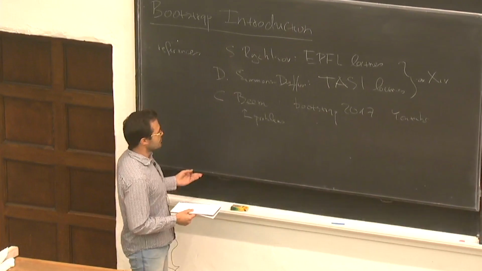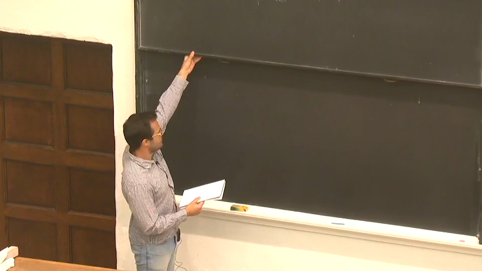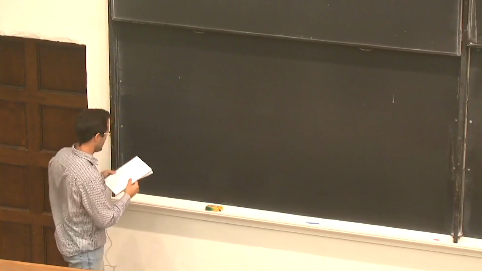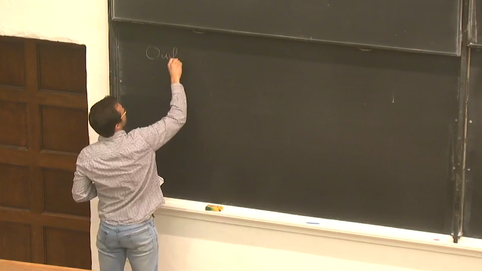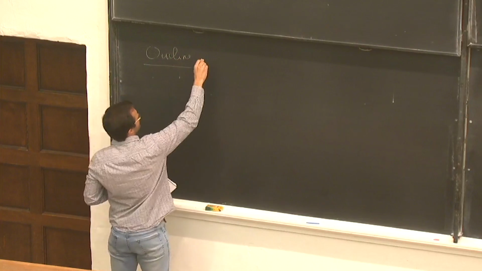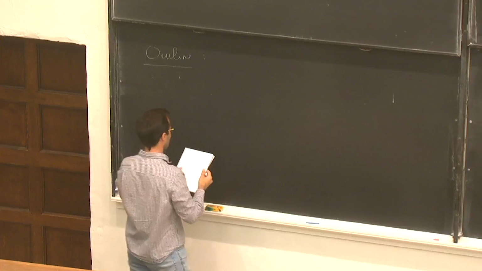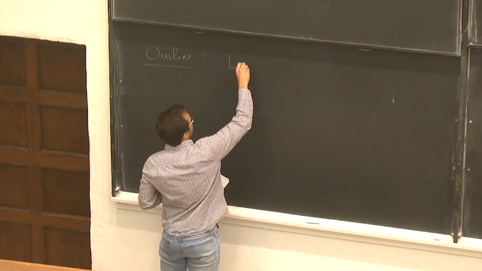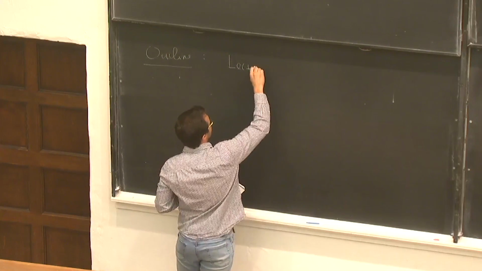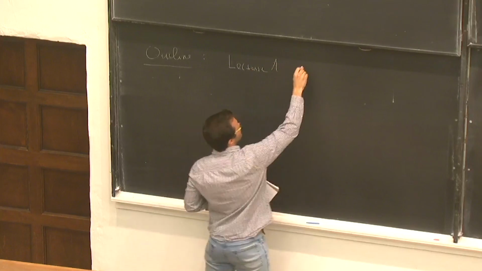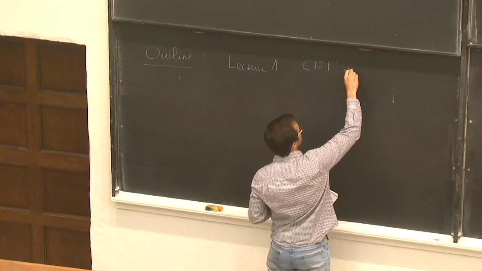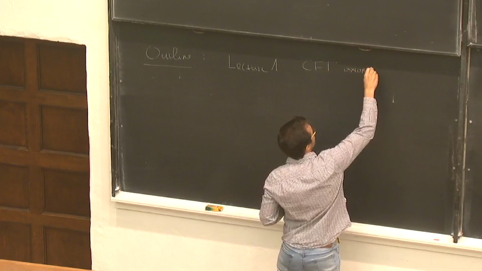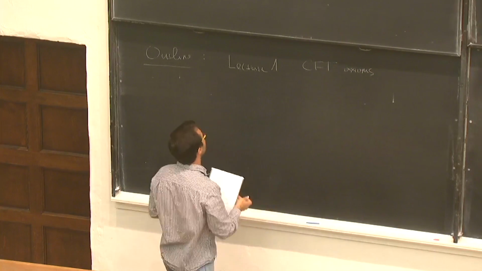But without further ado, let me give you the outline of my lectures. The first lecture is going to be still pretty basic, if a little bit quick. So I'm going to discuss the CFT basics or CFT axioms that we use in the conformal bootstrap.